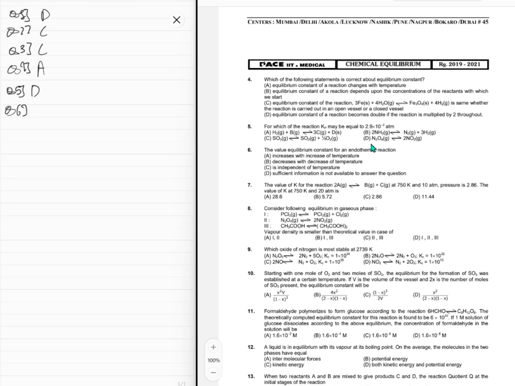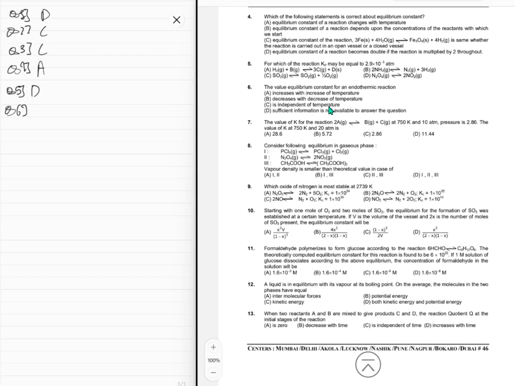Question number 6. The value of the equilibrium constant for an endothermic reaction increases with increase in temperature. Yes. It decreases with a decrease in temperature. Yes, for an endothermic reaction, right? Is independent of temperature? No. Sufficient information is not given.